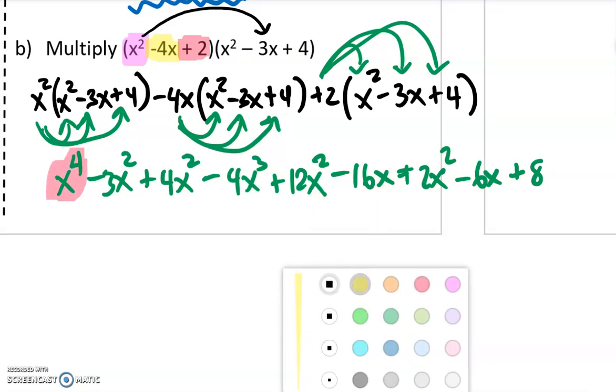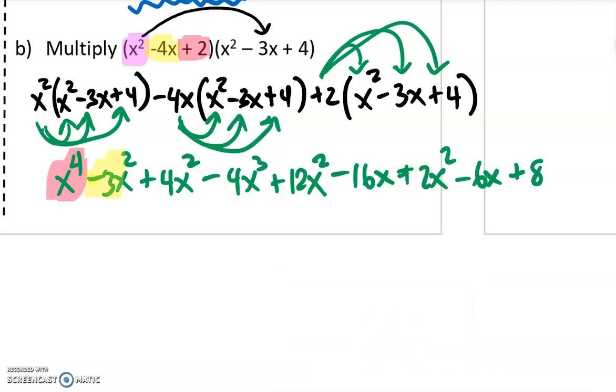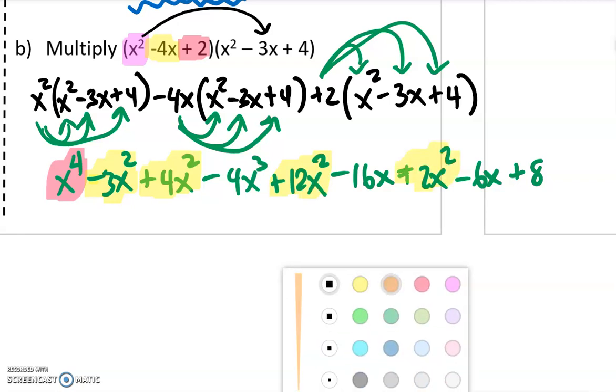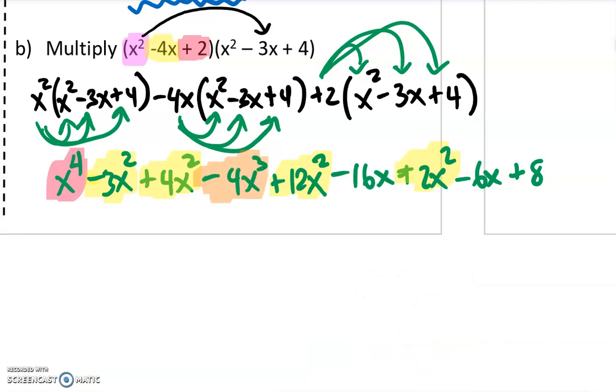X to the fourth, that's the only fourth degree term. Let's highlight all our second degree terms. These are all x squared, second degree, second degree. Let's highlight our third degree terms. So third degree there. And that looks like that's it for third degree. It shouldn't be. Oh, I caught my mistake. Hopefully you guys saw that mistake.